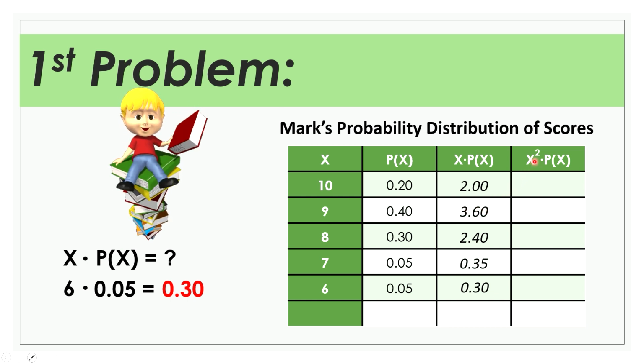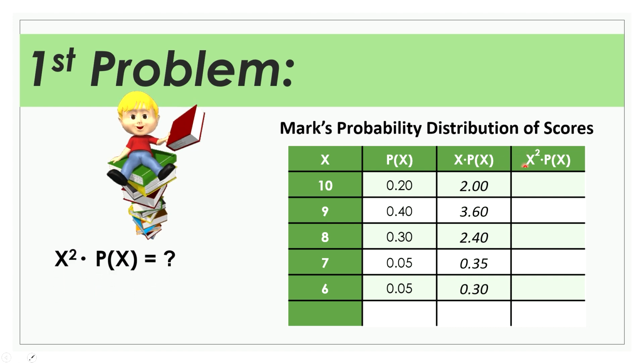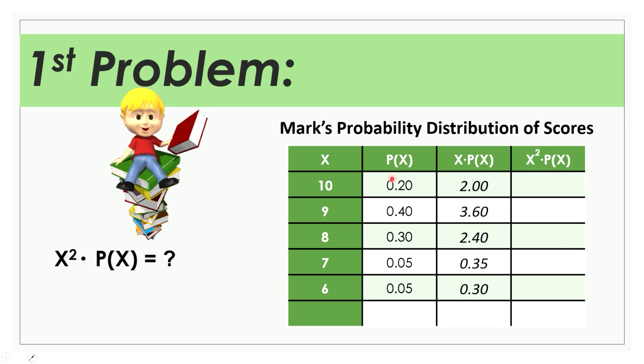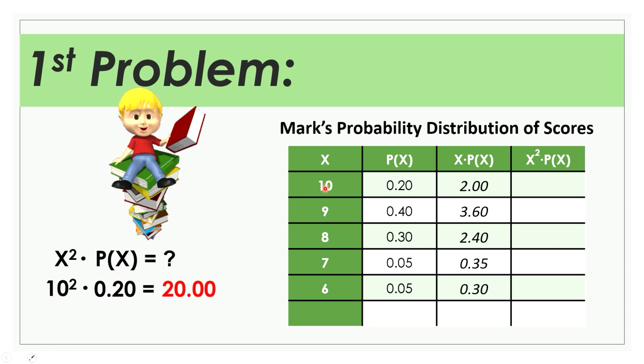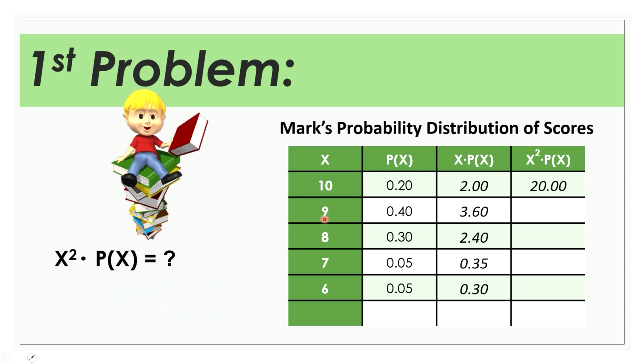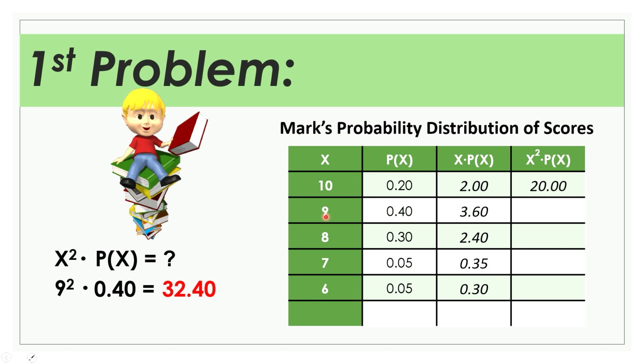And then next, we will get the product of x squared multiplied by p of x. So ito yung gagamitin natin ulit na formula. 10 squared multiplied by 0.20 is equal to 20. And then 9 squared multiplied by 0.40 is equal to 32.40.